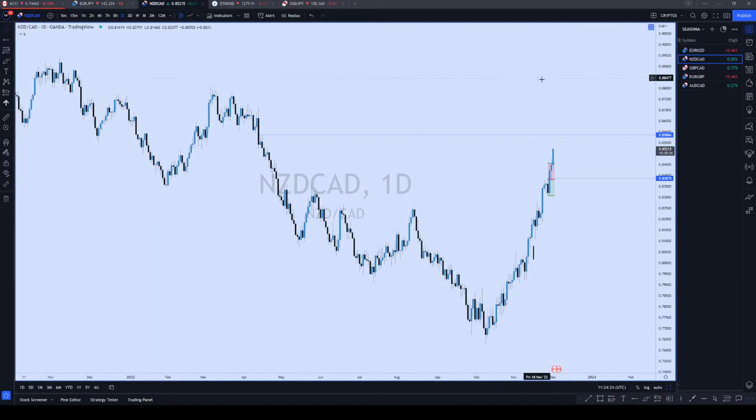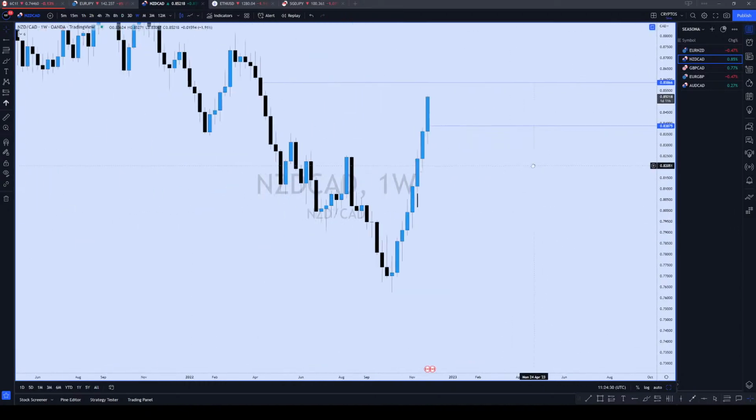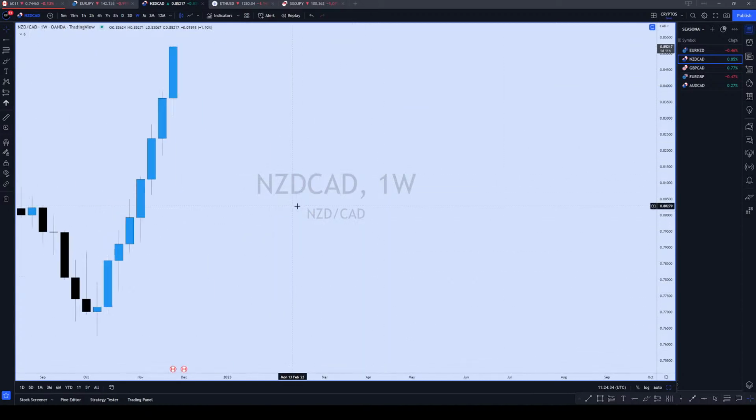I'm going to take you to my New Zealand BAIS. Okay, so let's start from down here. So that'll be the closing price. Let me use the magnet too.